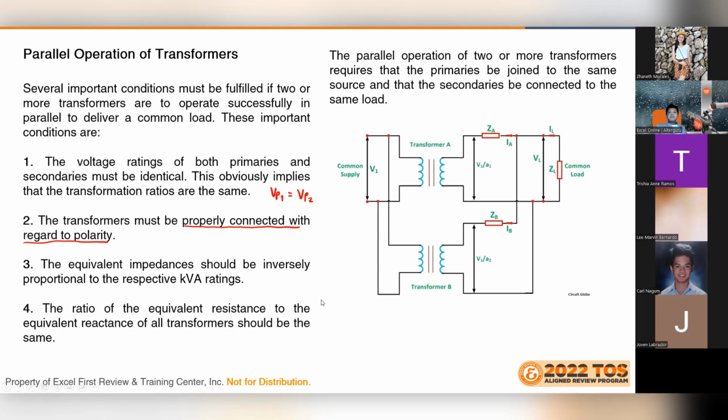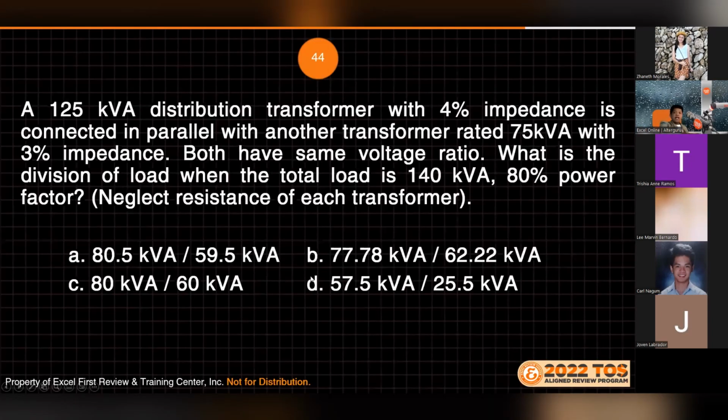Let's proceed with this. It says here that a 125 kVA distribution transformer with 4% impedance is connected in parallel with another transformer rated 75 kVA with 3% impedance. Both have the same voltage ratio. What is the division of the load when the total load is 140 kVA, 80% power factor?